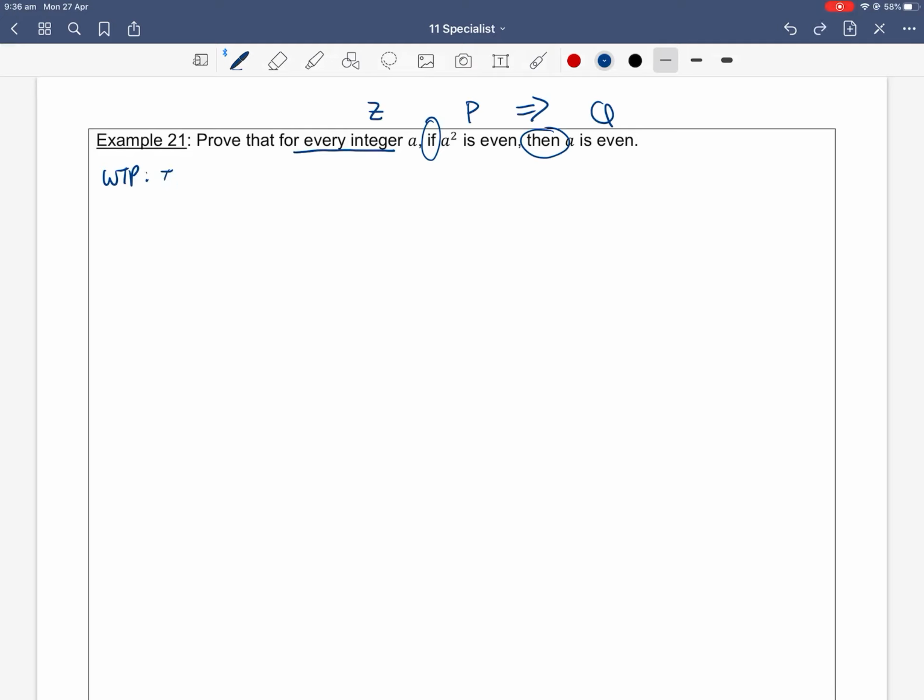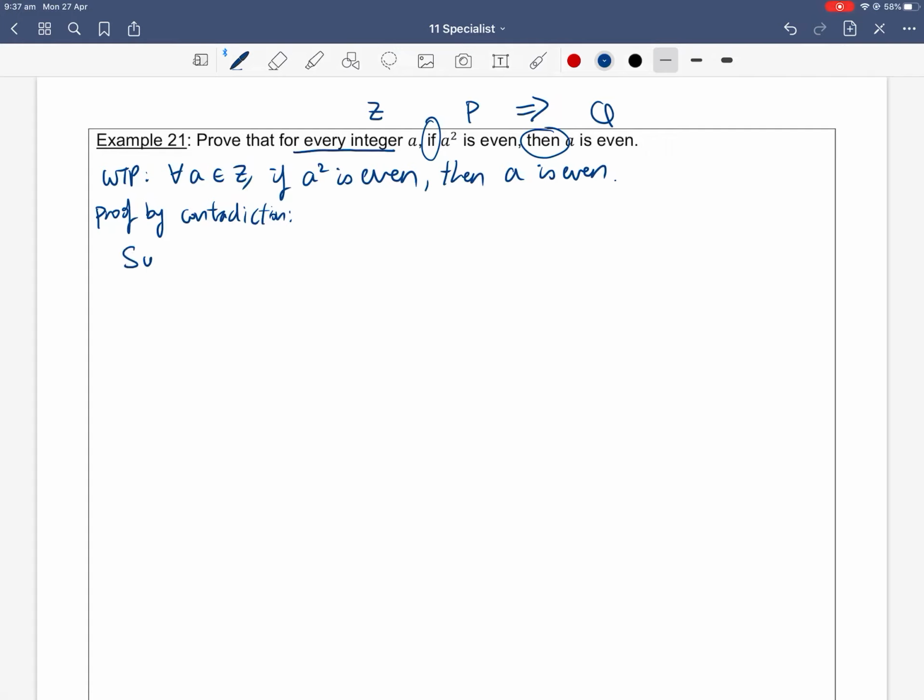So we want to prove that for all integers a, if a squared is even, then a is even. That's our goal. Our technique, our trick, is proof by contradiction. So write down the technique you're using.